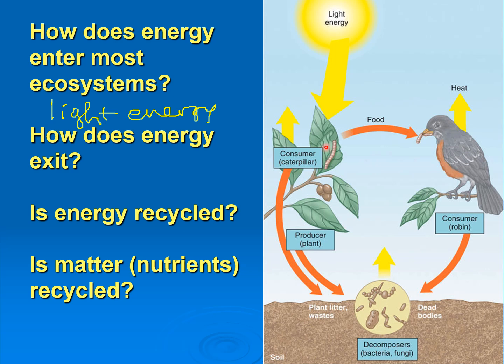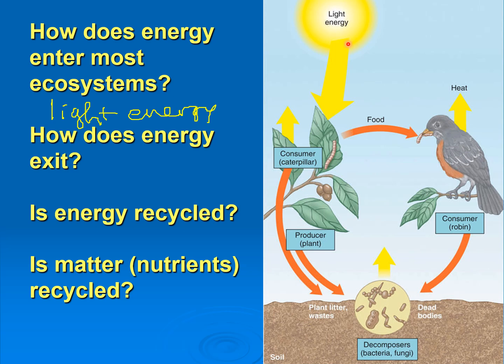And then we also have a caterpillar eating the leaf, which gets converted into chemical energy in the caterpillar, and then the robin eats the caterpillar, which gets converted into chemical energy here in the robin. And so you can see that we're converting energy as we go through the ecosystem.